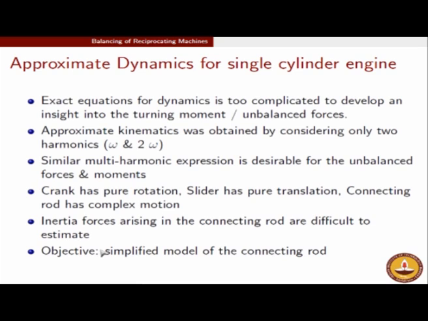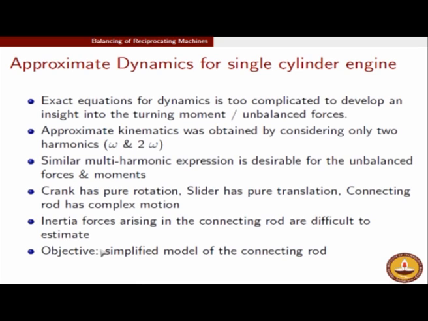So, the connecting rod has been identified as the main culprit which prohibits our insight into the solution. We will try to attain a simplified model of this connecting rod and get around this difficulty. We do know exactly how the acceleration of the center of mass is going to change with time, but that is not representable by a simple formula.